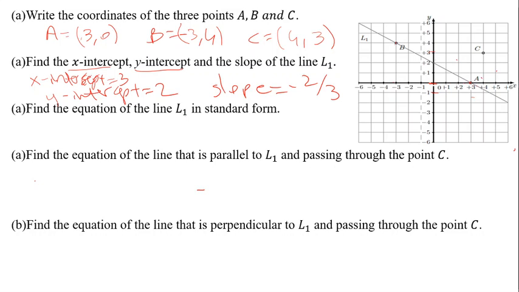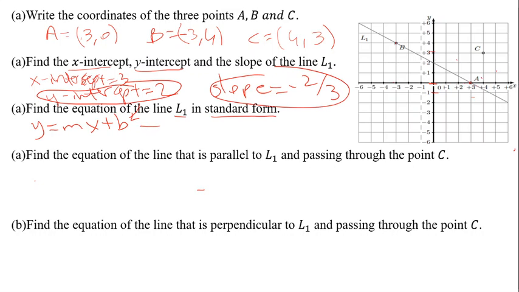Find the equation of the line in standard form. First, let's write it in the slope y-intercept form. So we can use y equal to mx plus b here, because I know the y-intercept is b and the slope is this. So you can directly say it's y is equal to minus 2 over 3x plus 2.